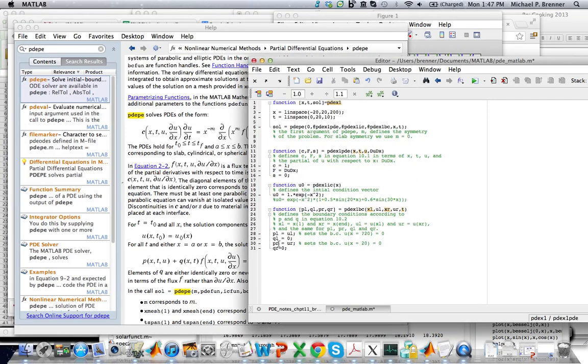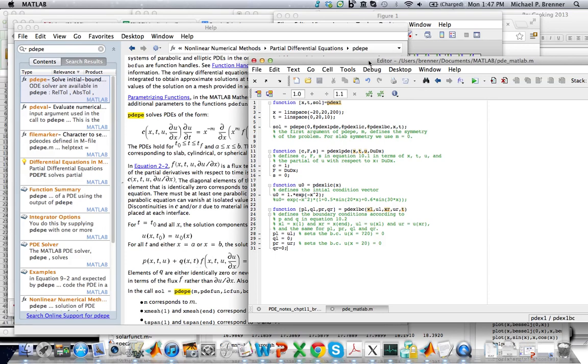There's a left p and a right p, and you have to write it like this. The left p, pl, I've set equal to ul, which is basically setting u to be 0. pr is ur, which is setting u to be 0 on the right, at x equals 20. And the q's are both 0, which means the flux term doesn't influence it. And that's basically the code.